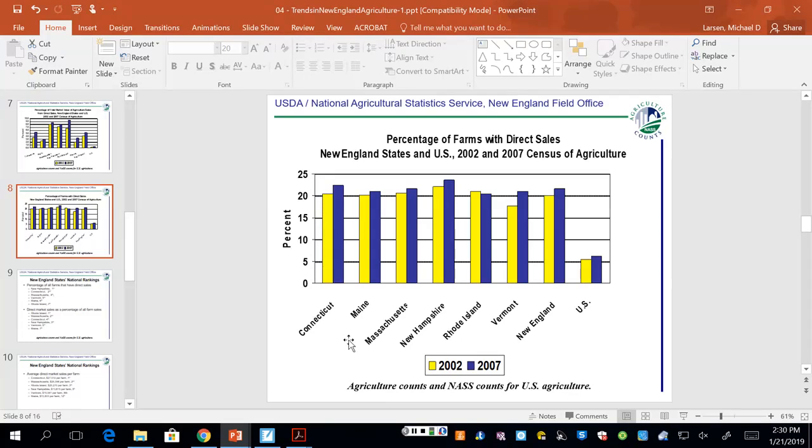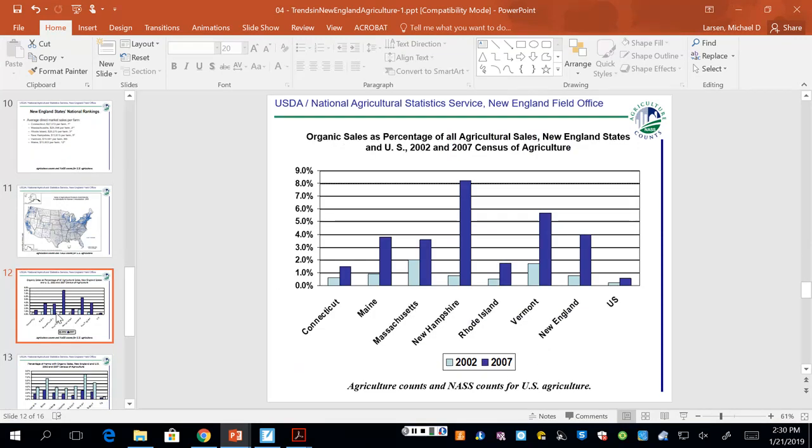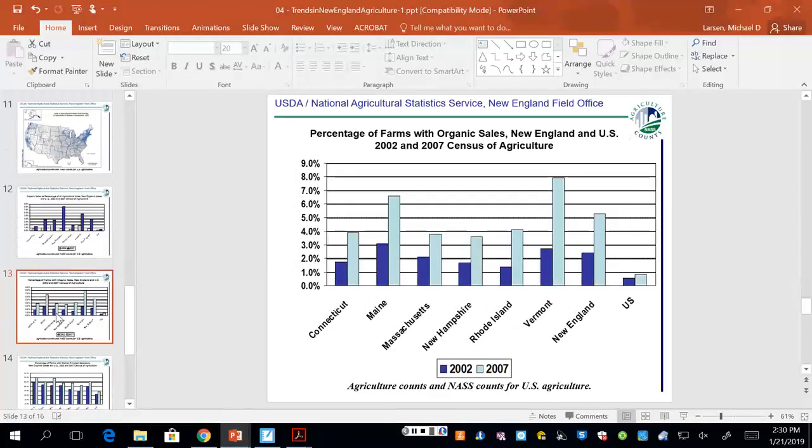They probably have done, I haven't found it, but if you search long enough, you might find it for 2012, even 2017 to compare. So there's a few other things in here. There's some of these others, percentage of farms with organic sales. Again, by state, yes, no, by year. But look at that increase in percent of farms with organic sales.